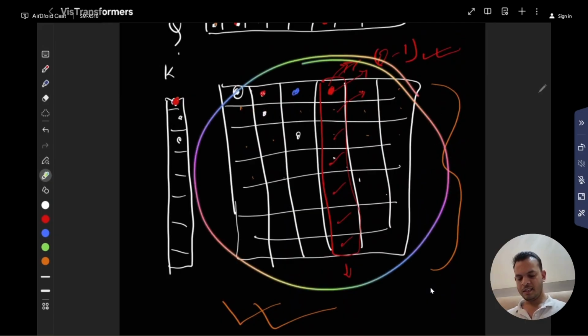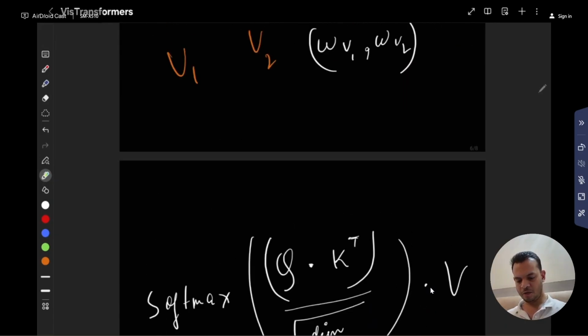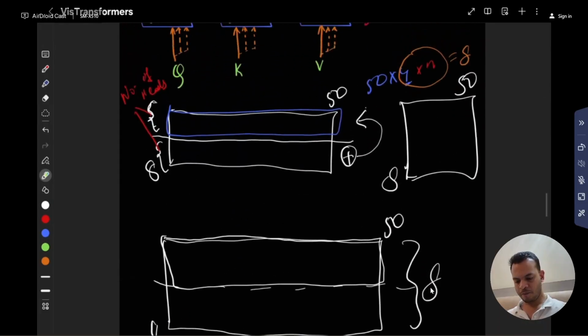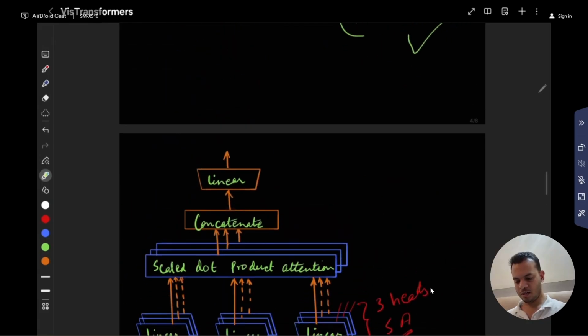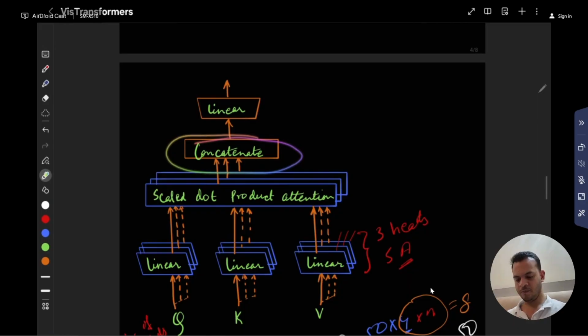Now after this, this happens for each of these smaller blocks, and finally to get our 50 cross 8 block back, we concatenate all of this together. That's what the concatenate here is. It's concatenating the results from each of the blocks. So 50 cross 4 we had, and if you concatenate it back for two heads, we will get it back as 50 cross 8.